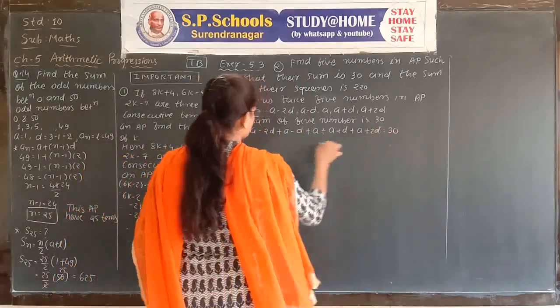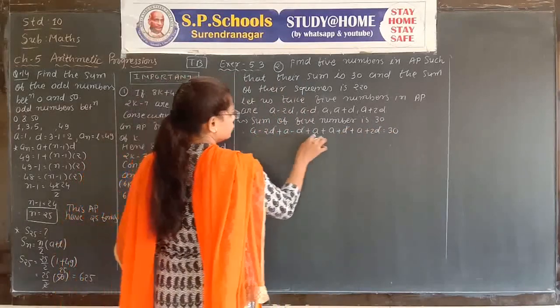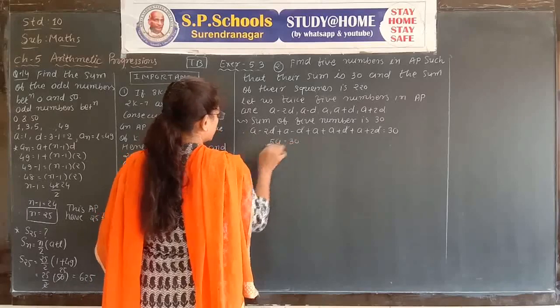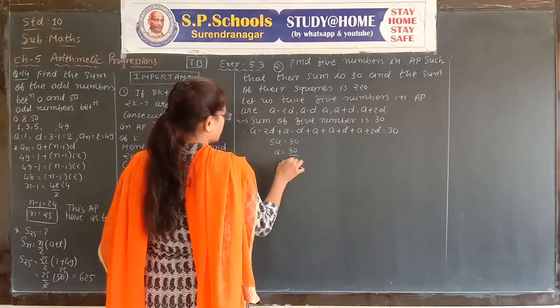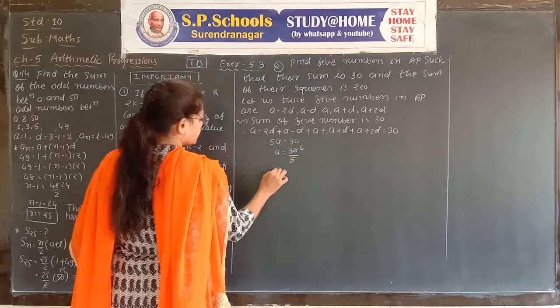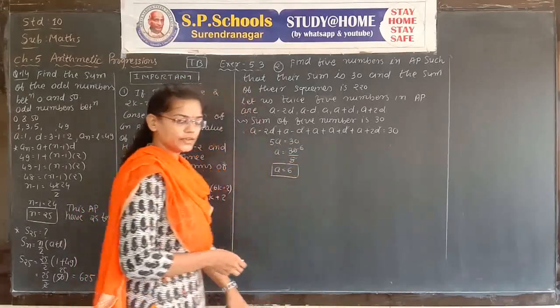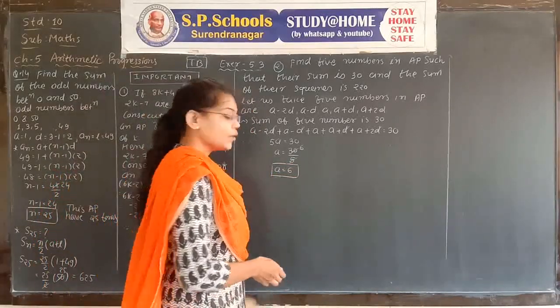Here plus minus 2D is cut, plus minus D is cut, remaining 1, 2, 3, 4 and 5A. 5A is equal to 30. That's why A is equal to 30 upon 5, which is 6. The value of A is 6.